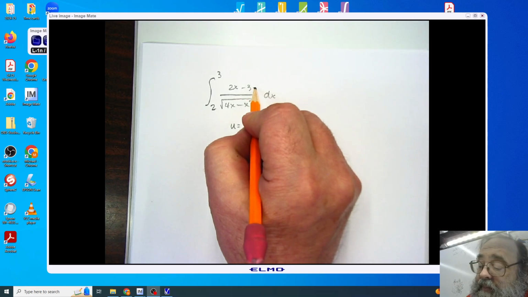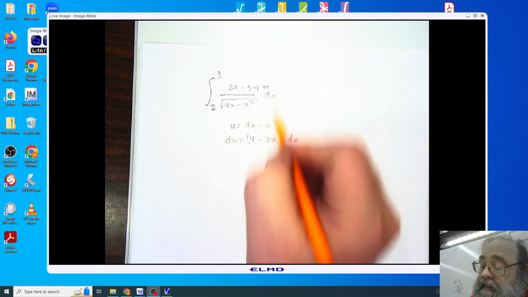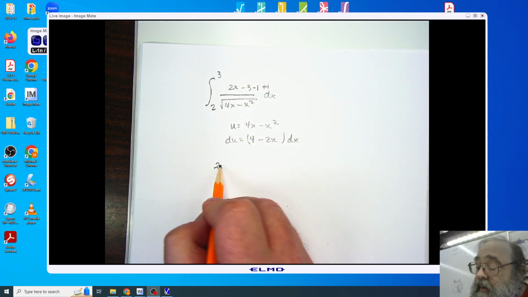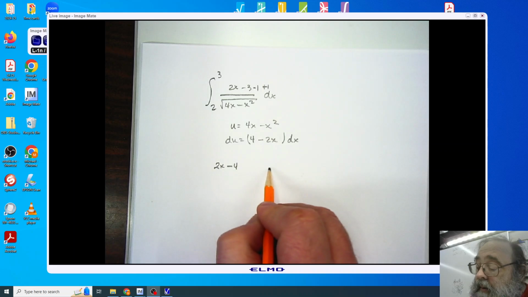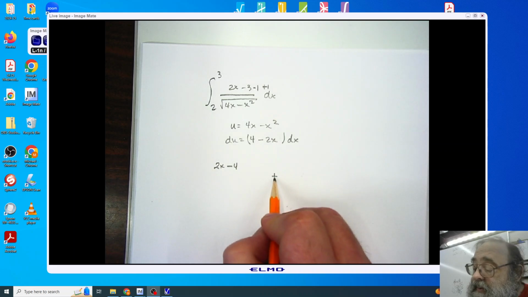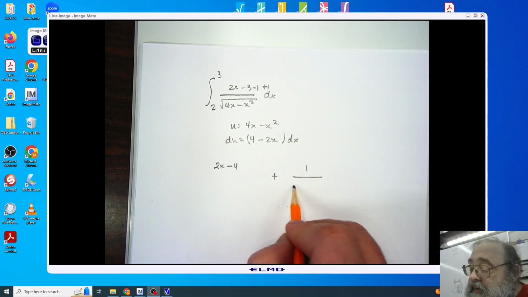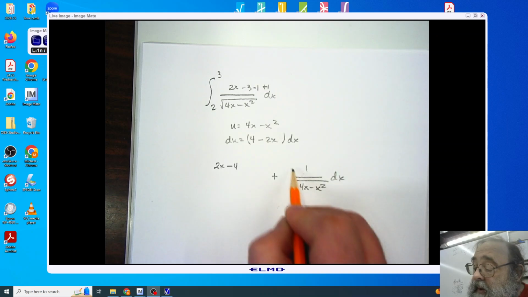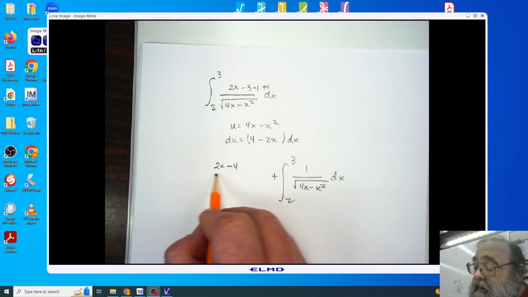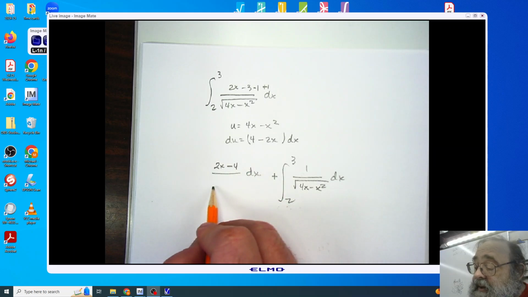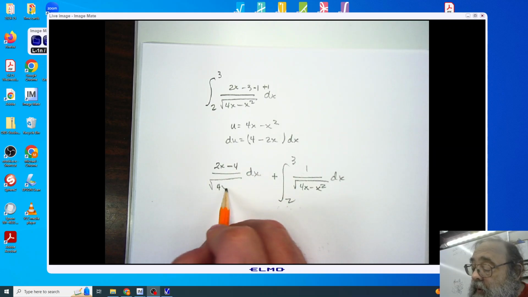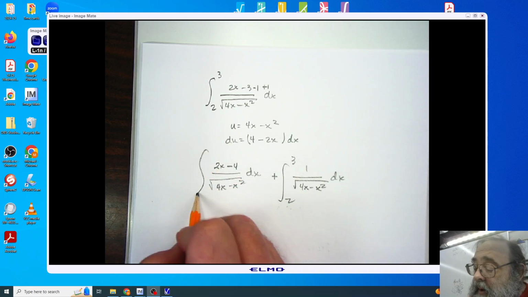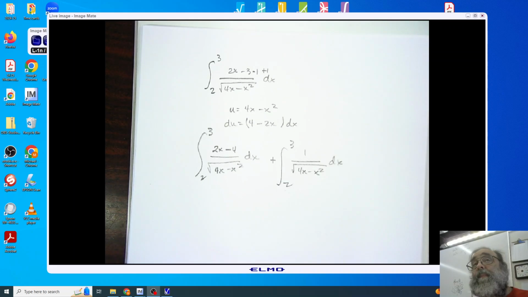And I notice that I have a 2x, but it's not quite the same. So I'm going to subtract 1 and add 1, and this will now give me 2x minus 4, and then I have a plus 1 over the square root of 4x minus x squared dx, integrated 2 to 3.